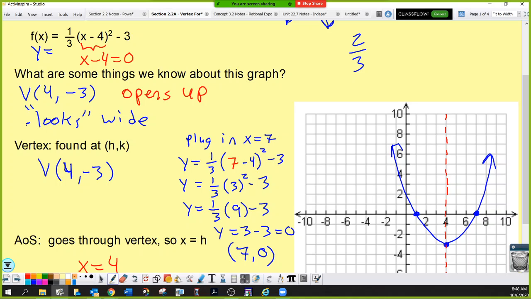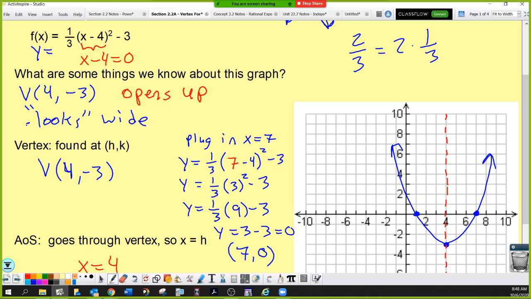So if a 1/3 on the front makes it look short, we said that a 2 on the front would make it look tall. Are you comfortable with me saying that that 2 on the top of a 1/3 is actually me saying 2 times 1/3? Well, if you had 1/4 and I gave you 2 of them, you'd have 2 quarters, right? So the top of the fraction can actually be brought to the front as a multiplication.